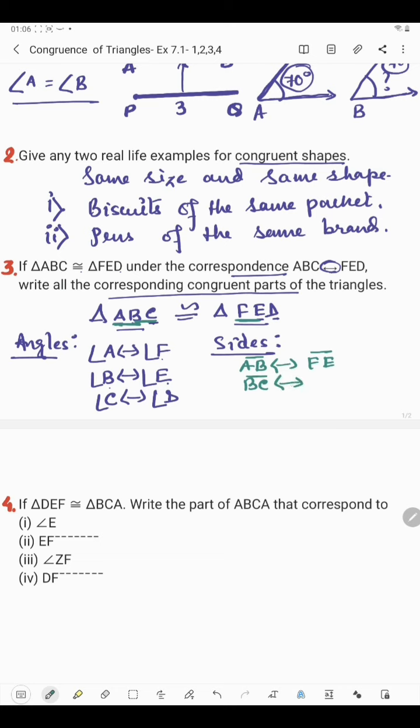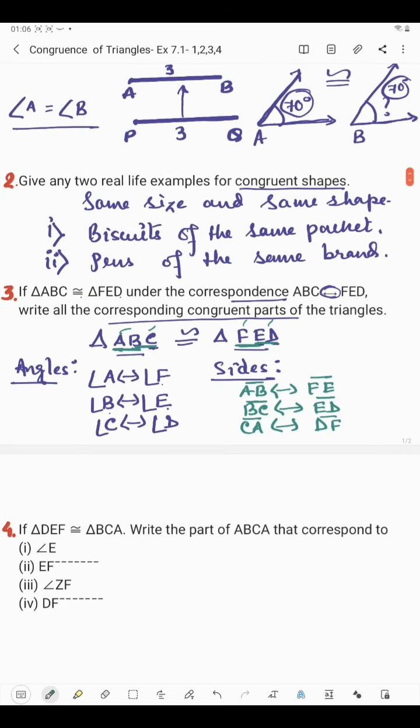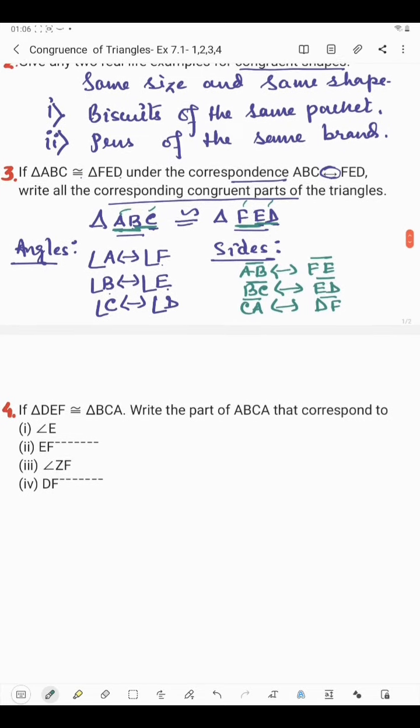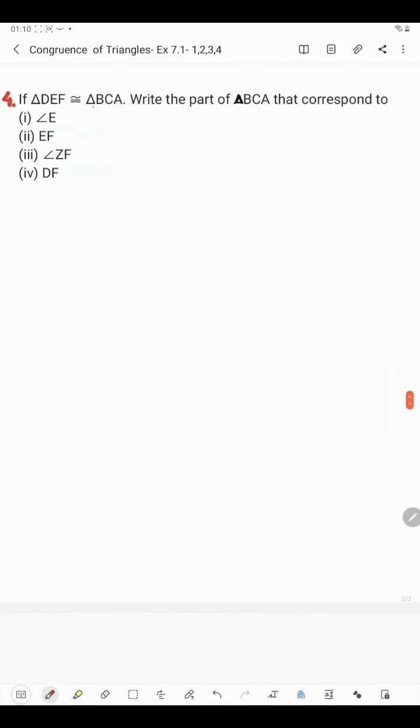BC corresponds to side ED, and CA corresponds to side DF. Okay, so this way we will have to write the corresponding congruent parts.